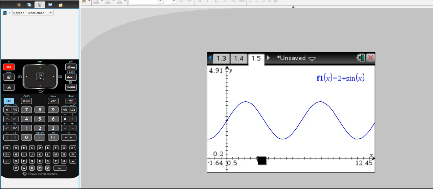We can see that from here the function is going up if we keep going to the right. So the function is increasing, y value is increasing, or f of x is increasing from 0 to when x is here. So let's find out the x value here for this maximum.